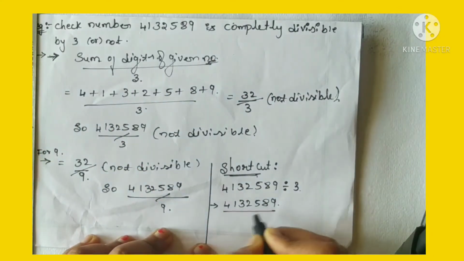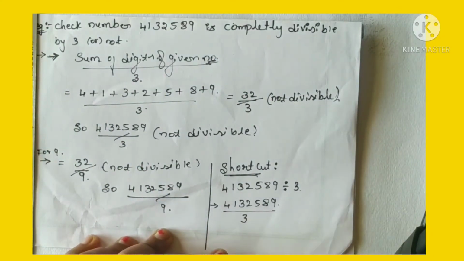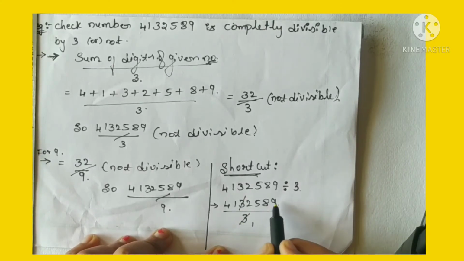So I just directly divide. I cut off the numbers divisible by 3 directly, that is 3 ones are 3, and the next 3 threes are 9. It is directly cut off.